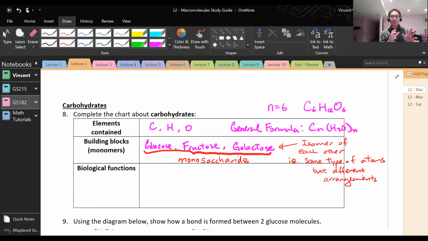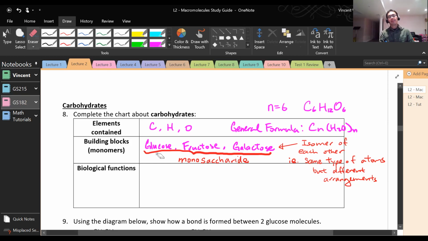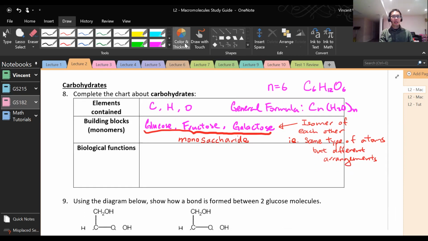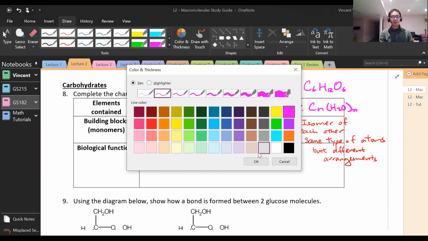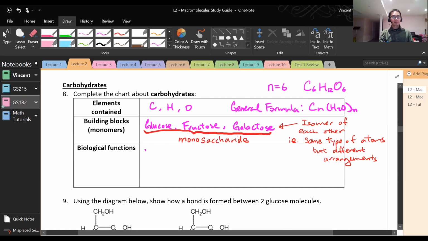All three of them have the same Lego pieces, but arranged differently. When that happens in molecules in chemistry, we call them isomers. So all these are C6H12O6. They all have 6 carbons, 12 hydrogens, 6 oxygens, but they are arranged differently. These are the building blocks. What do we use carbohydrates for? We use them for things like energy, the main source of energy.